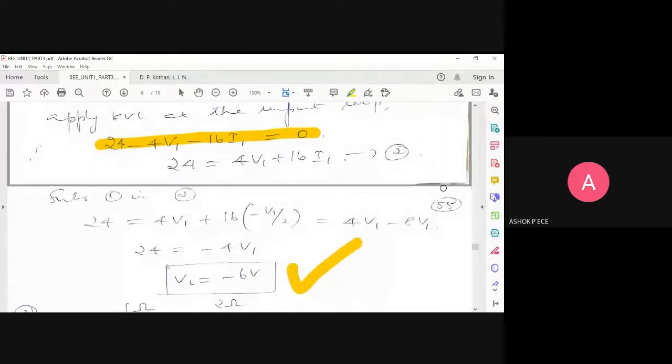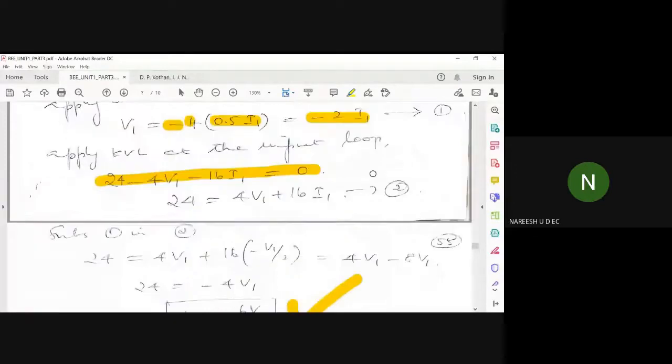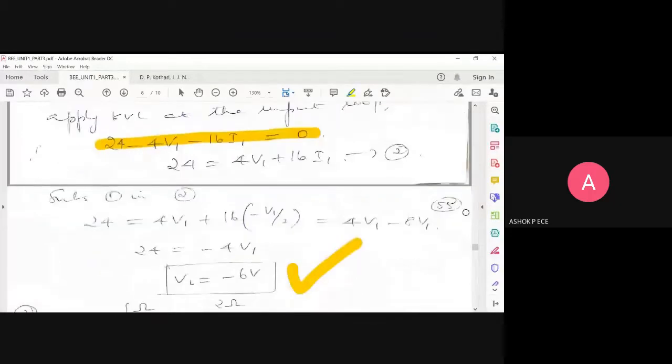Maybe you can save some 10 seconds that way. If you found I1, nothing wrong, but what is required is only V1, right? So substitute I1 as minus V1 by 2 here, and the simplification is straightforward. You will get the answer as minus 6 volt.